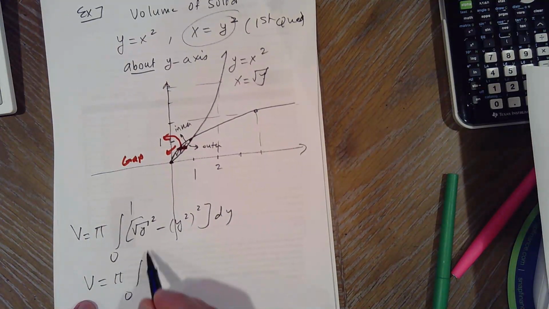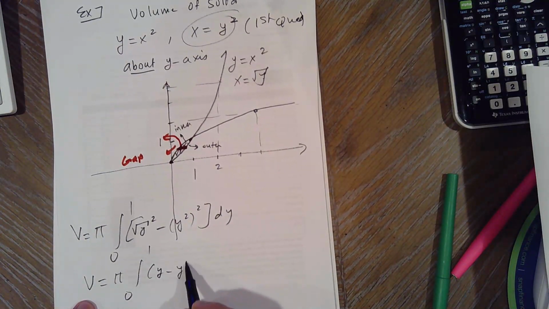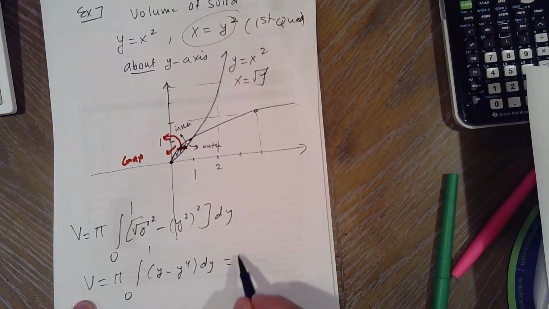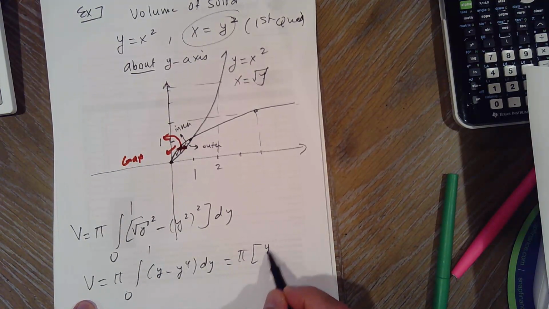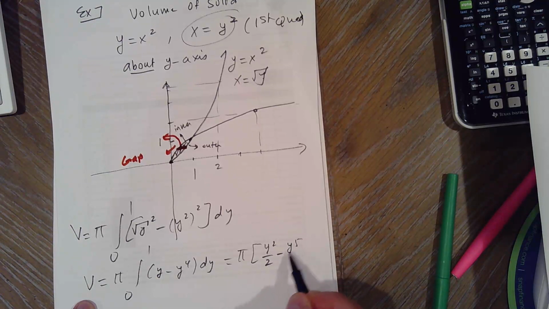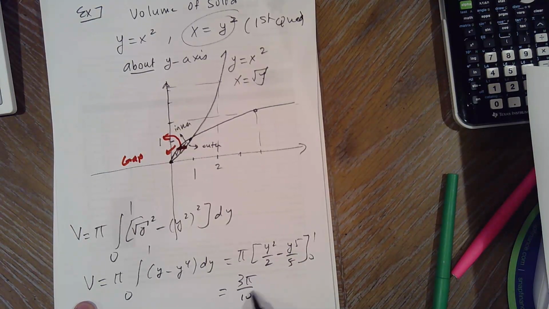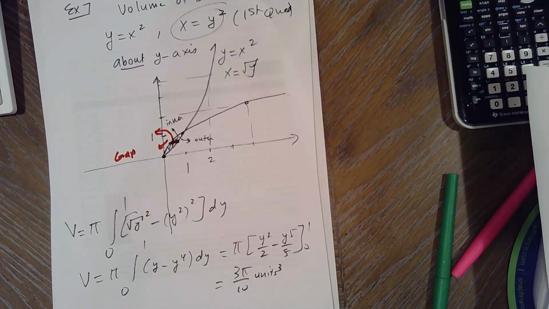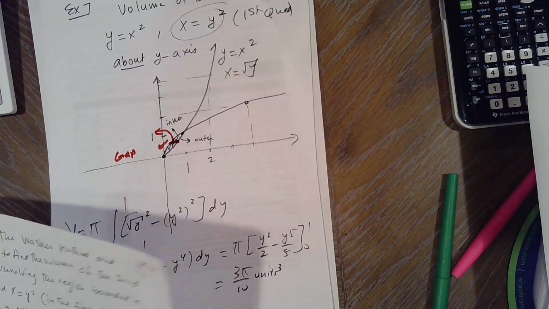So pi integral from 0 to 1 of y minus y to the 4th dy. So pi times y squared over 2 minus y to the 5th over 5, from 0 to 1, 3 pi over 10 cubic units. You can see it's the same answer as the previous one.